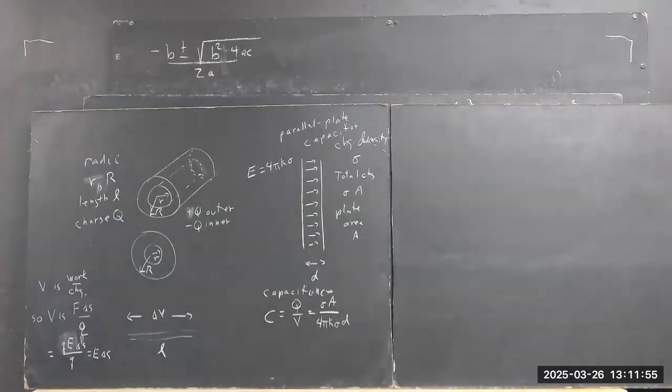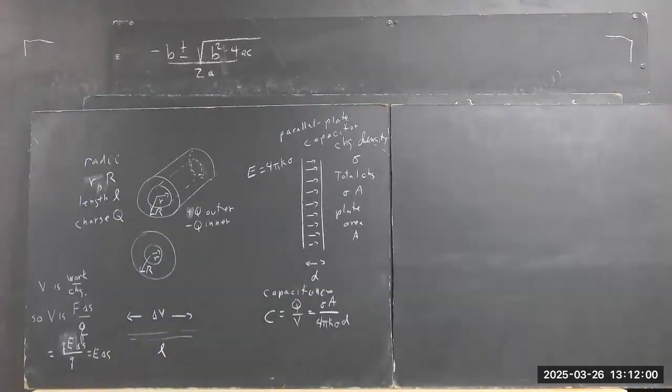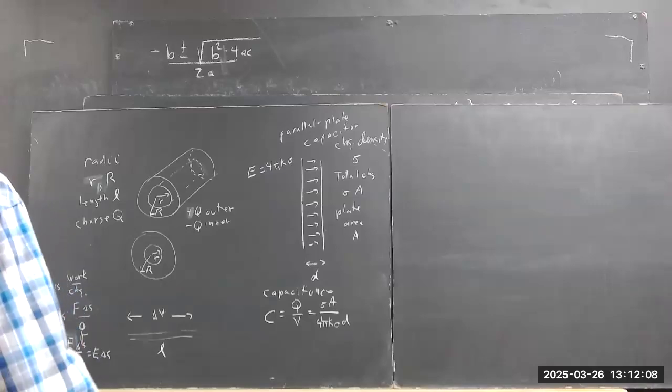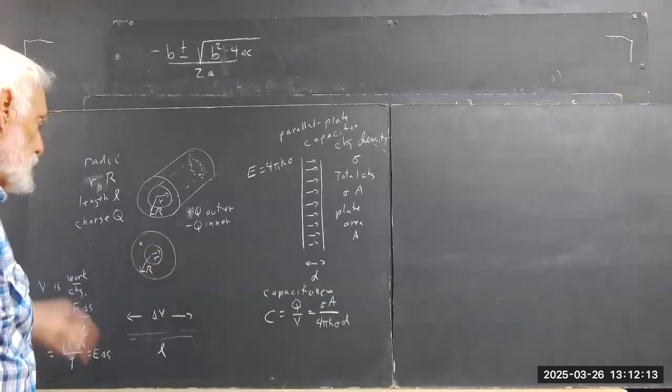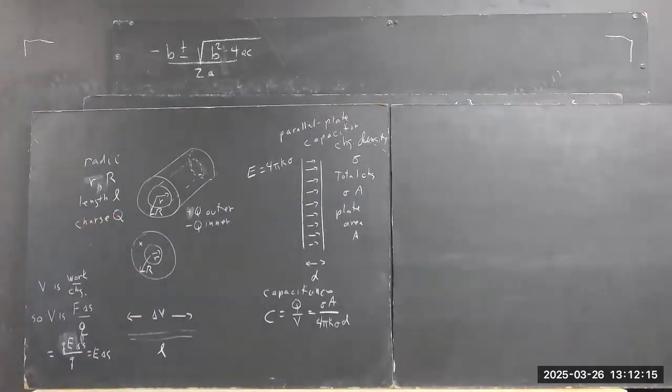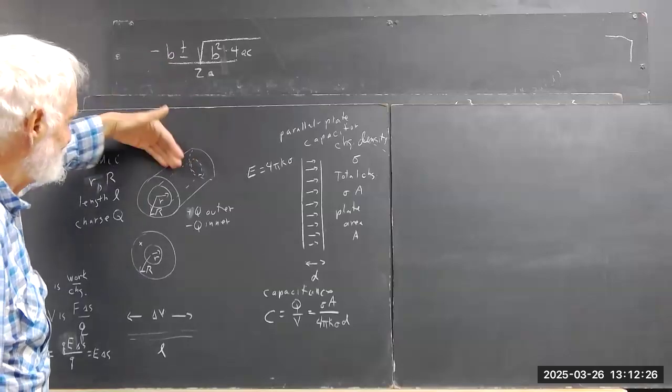Now, what's the obvious Gaussian surface that we're going to use to determine the electric field at a point between these two cylinders? So I've got a point here. I want to know what the electric field is at this point. Again, this point in this cross section is somewhere inside.